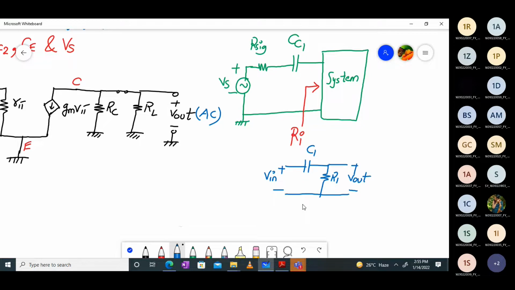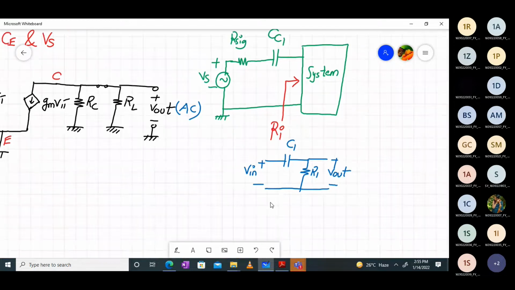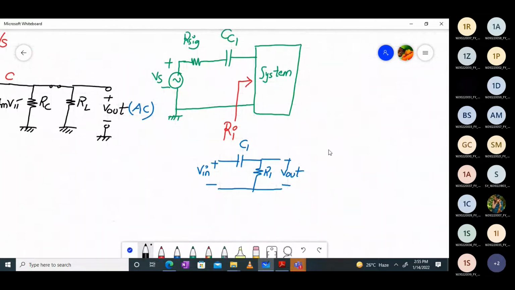Does anyone remember what the frequency response looks like for this circuit? Was it like this? No, sir. It was the other way around. It was going downward, like this, no? No, sir. It is like this only. When it was R and C over here, then it was the way you were telling.